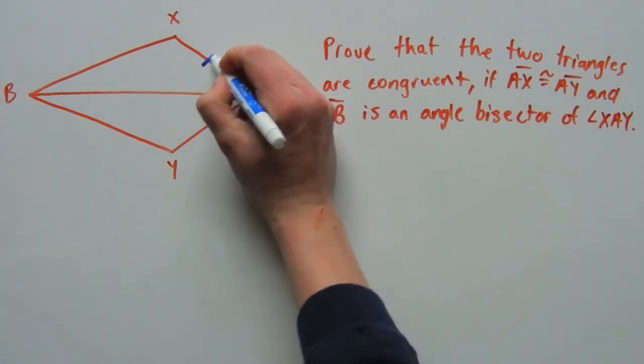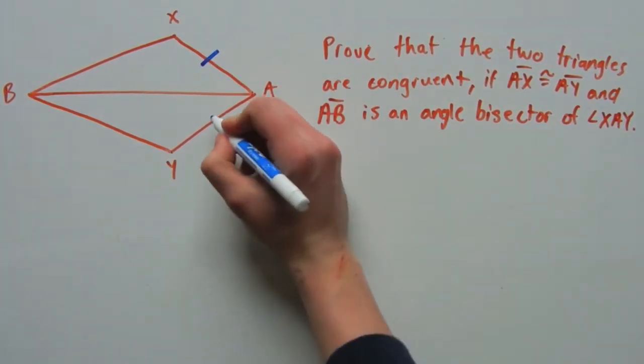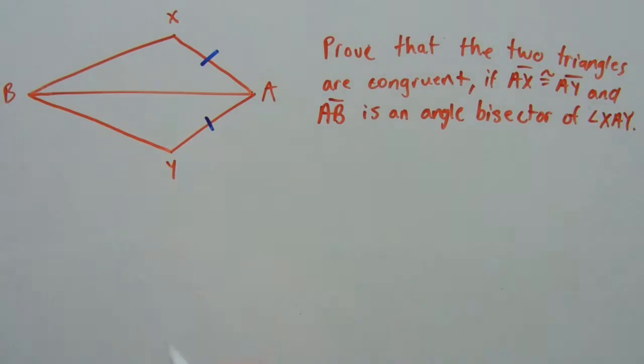So we have that AX is congruent to AY, and this AB is an angle bisector. So stating the given will be the first step in our proof, and let's do an informal paragraph proof.